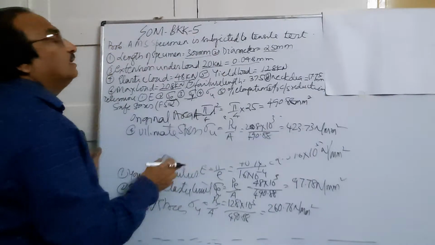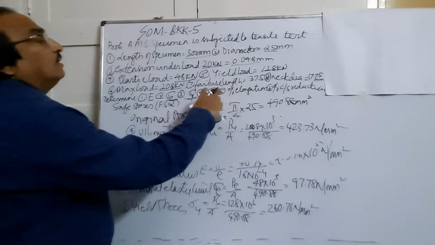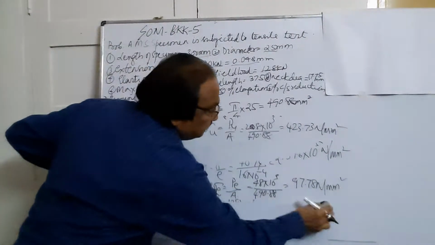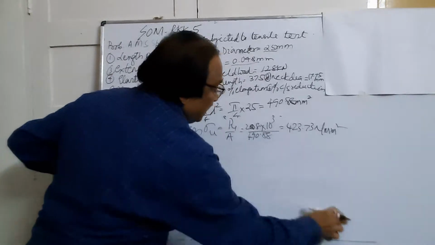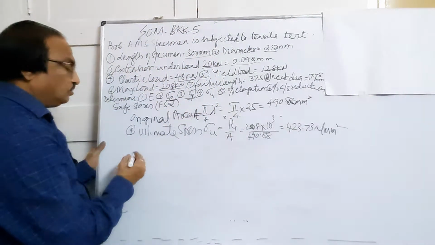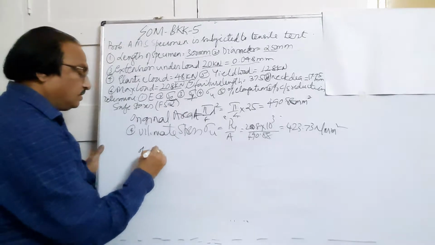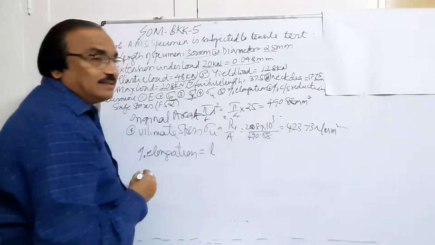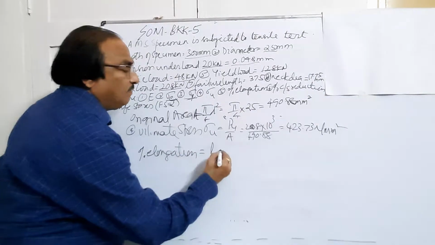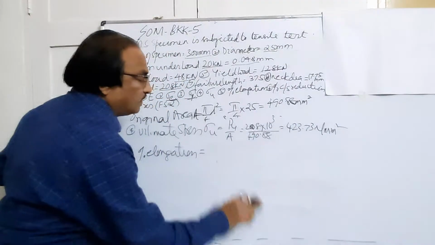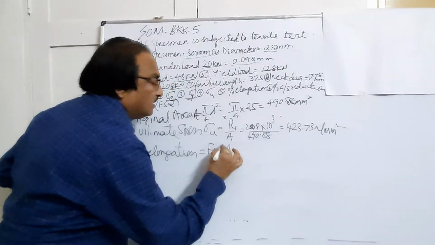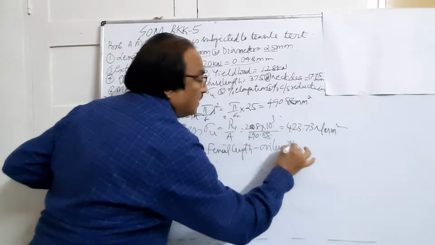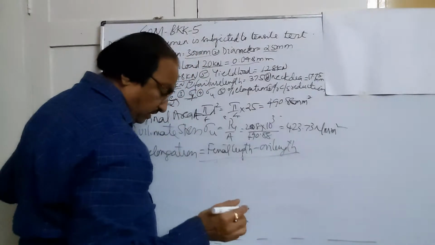Then he has given the failure length, and he has asked for the percentage elongation. The length of the member increases when subjected to tensile load. So percentage elongation will be the final length minus the original length, divided by the original length, because we compare with the original length.